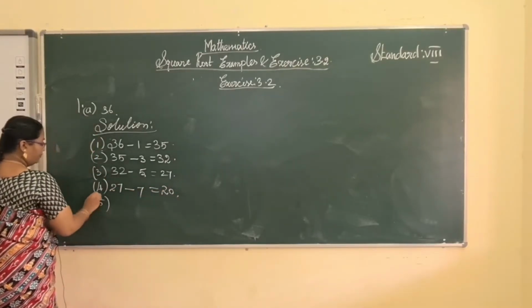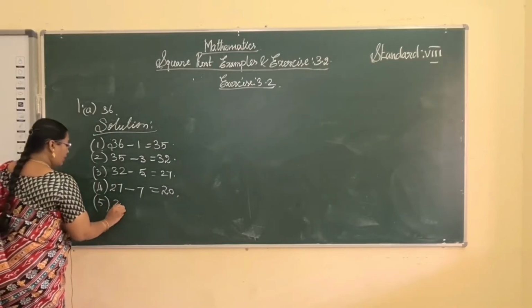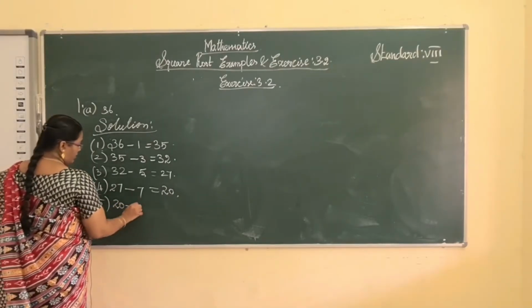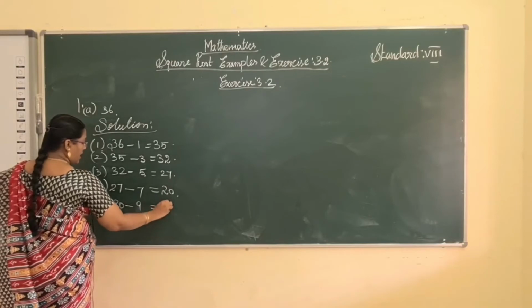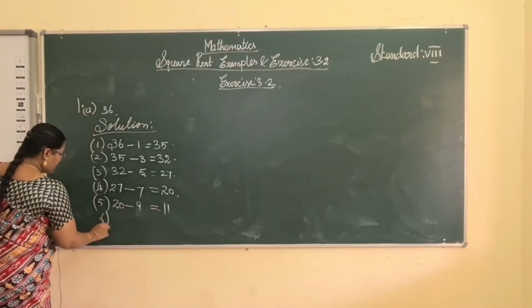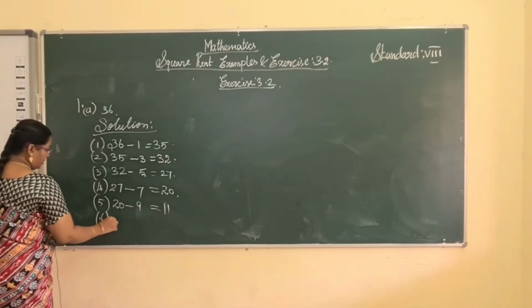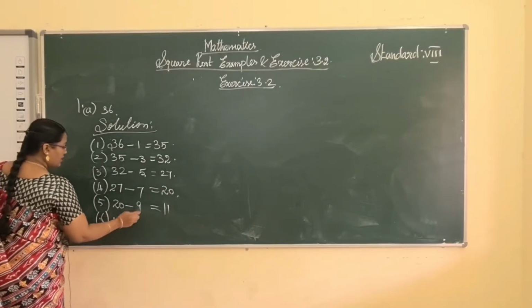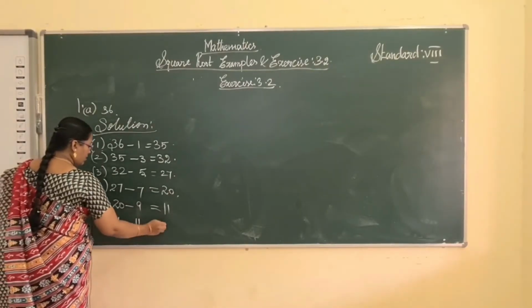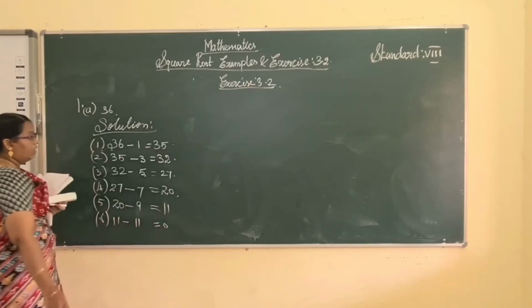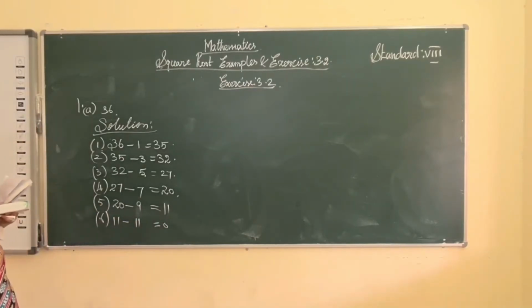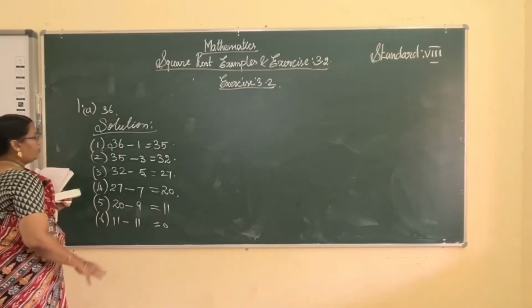And fifth one, 20 minus 9, 11. Sixth one, 11 minus the next odd number. When we get the remainder value 0, then stop the process.